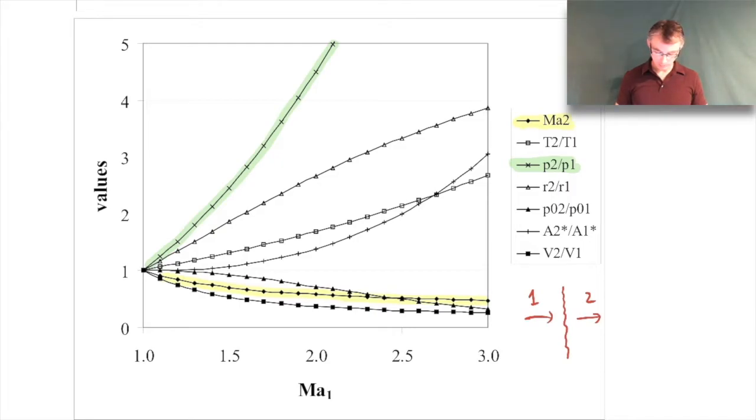Let's say we have a Mach number of 2 for our shock wave. The pressure ratio is closing in on a value of 5. Let's just, for simplicity, call it 5. That means that if you had atmospheric pressure, and your shock wave is propagating out into atmospheric pressure, if the shock wave's traveling at a Mach number of 2, then the pressure downstream will be about 5 times atmospheric pressure. It's a huge change in pressure.